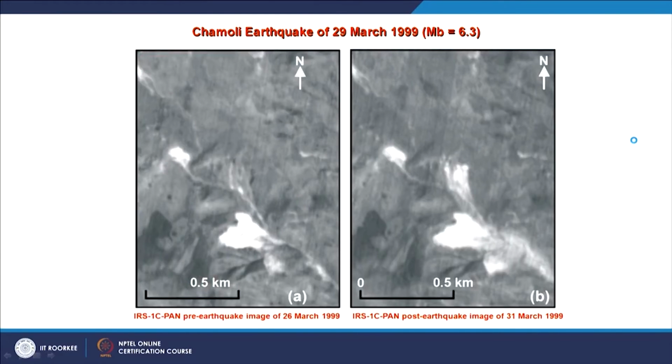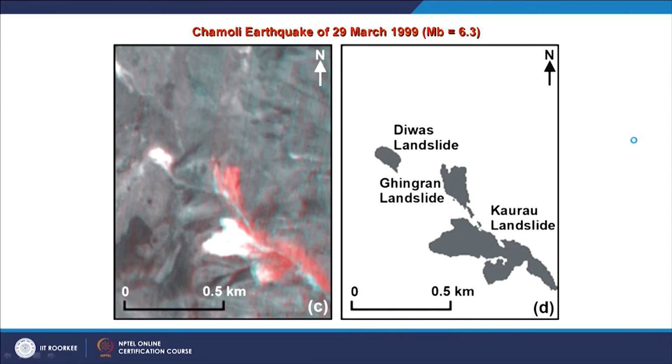Similarly, one more example is here: pre-earthquake image and post-earthquake image of the same dates, same sensor, but when we merge them, it brings out beautifully the new landslides or enhancement of already existing landslides.